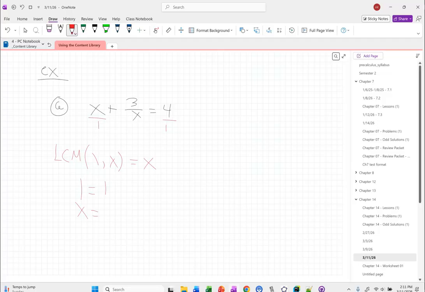If I do a prime factorization of x, that's x. The least common multiple is made of the distinct primes, so 1 and x. The biggest power of 1 is 1. The biggest power on x is 1. 1 times x is x. That's how we make a least common multiple. We did this last lesson when we added and subtracted. You guys remember doing this?